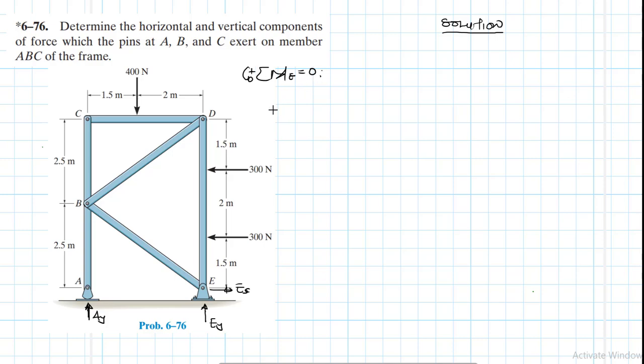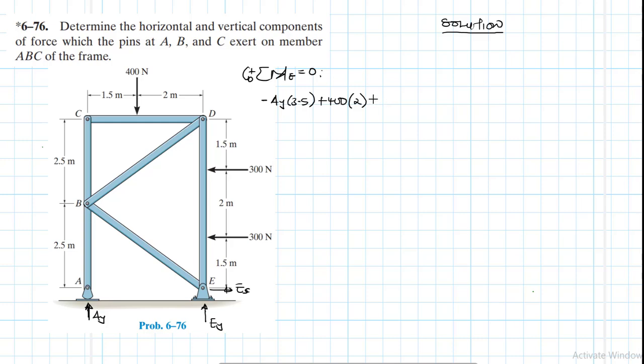In that manner, what we have is minus AY by 3.5. And then we have anticlockwise, plus 400, this is anticlockwise, by 2.